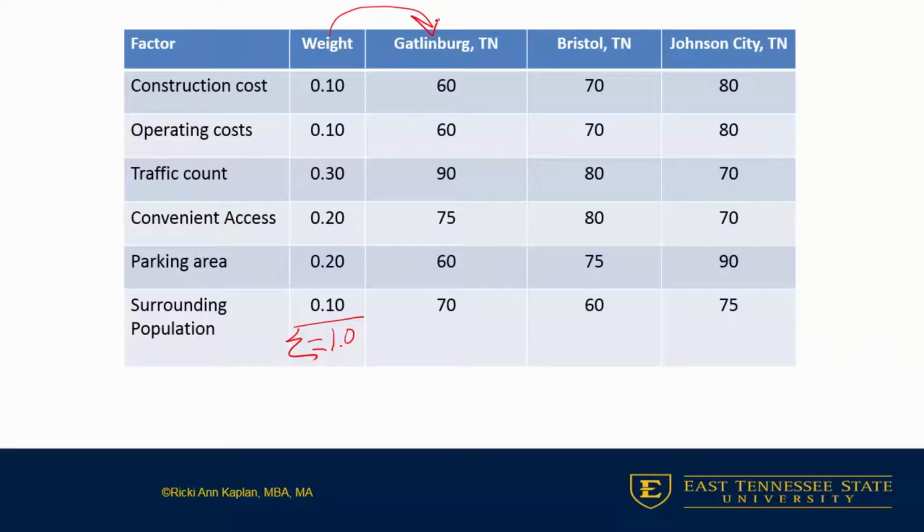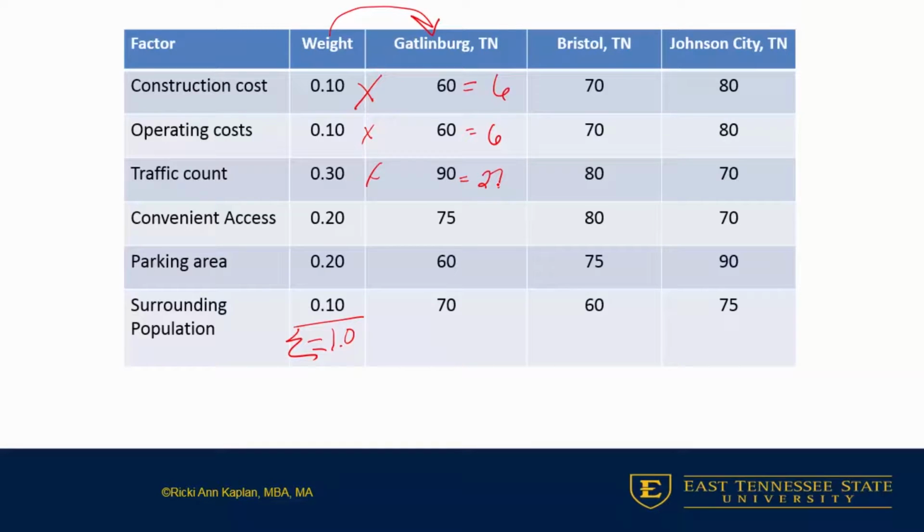So taking a look at this with construction costs, we're literally going to multiply that by our weight. So 0.1 times 60 is a 6. Our operating costs, we're also going to multiply, and it's going to be 0.1 times 6 is another 6. Traffic count, 0.3 times 90 was our point score here, is 27.